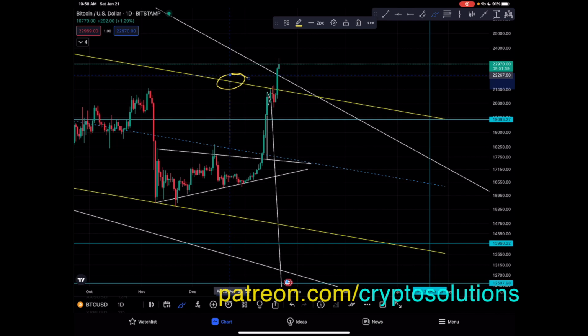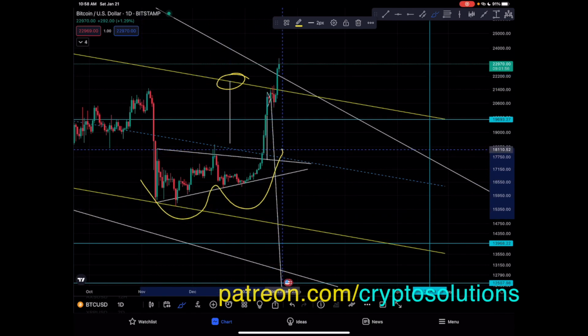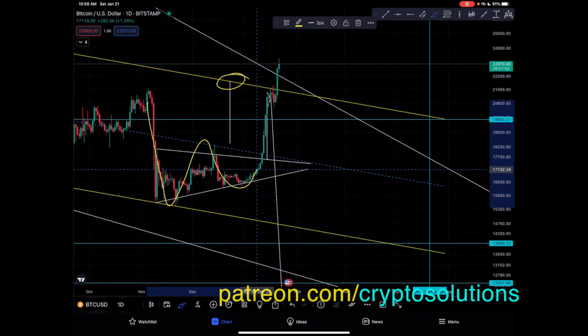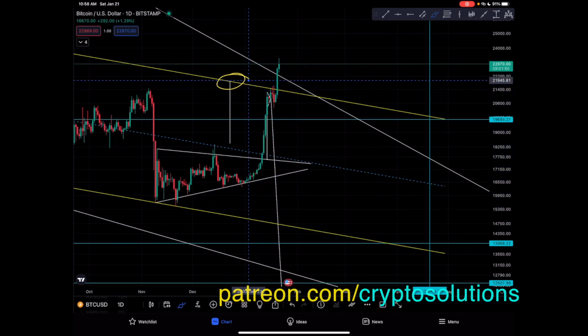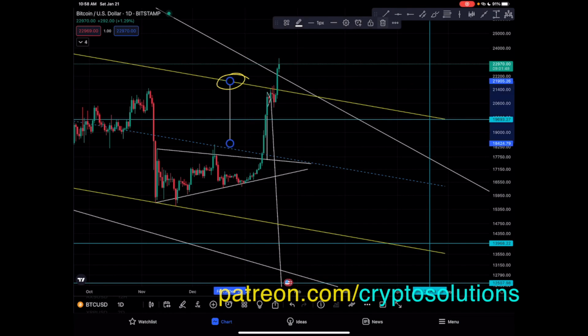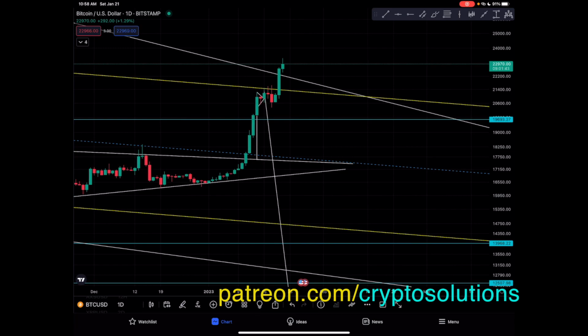But this was also a double bottom, which is also a double pattern, and the target was all the way around here, and yeah, it got completed right there. So I'm going to delete that also. Okay, and let's see here. So these were some patterns I was drawing.